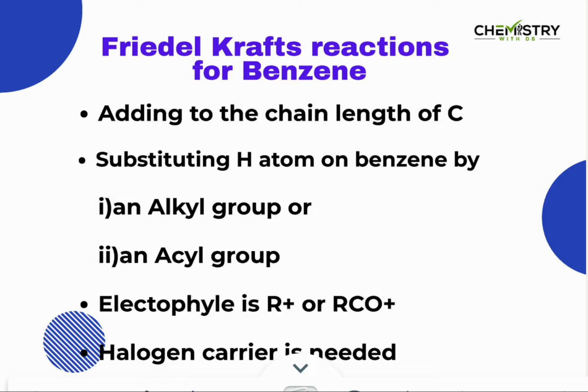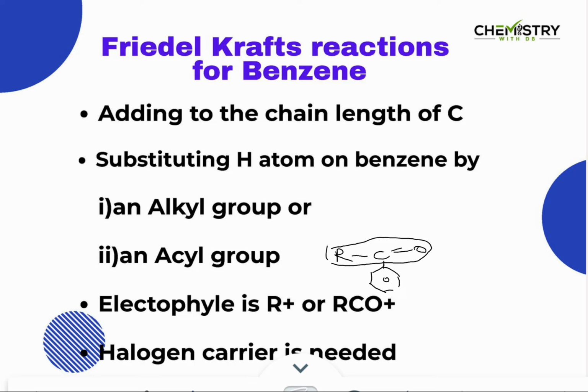And if we want to add an acyl group, for example RC double bond O, then in that case, if we want to create this kind of a compound, then it's an acyl group that we want to add onto the benzene ring, and the reaction type will be called acylation.